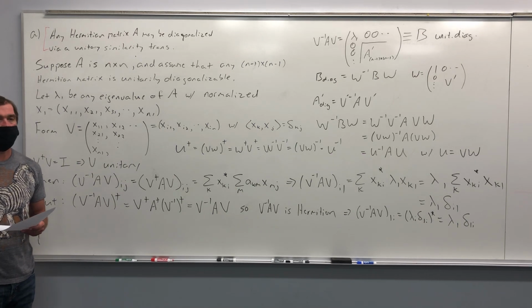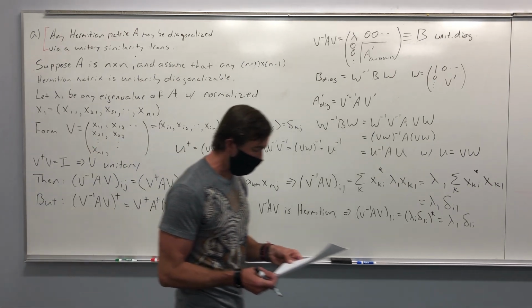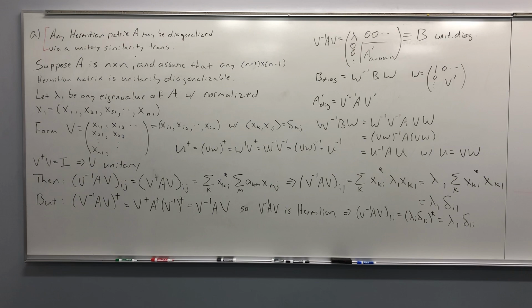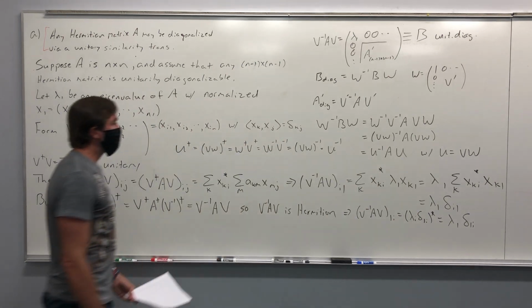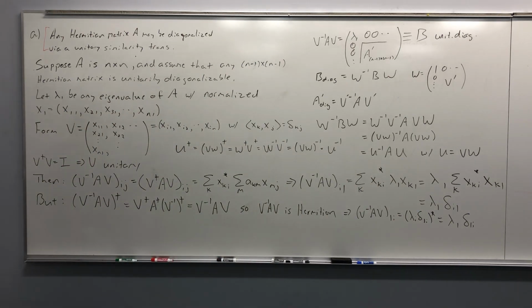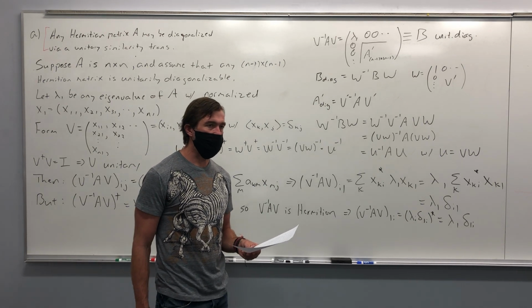But if U dagger is equal to U inverse, U is unitary. So what we've proven is that a Hermitian matrix A is diagonalizable via a unitary U as long as the n minus 1 by n minus 1 matrices are diagonalizable.